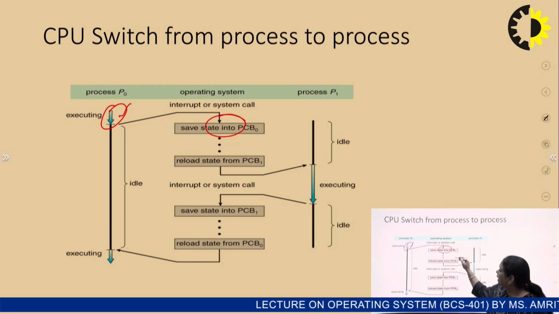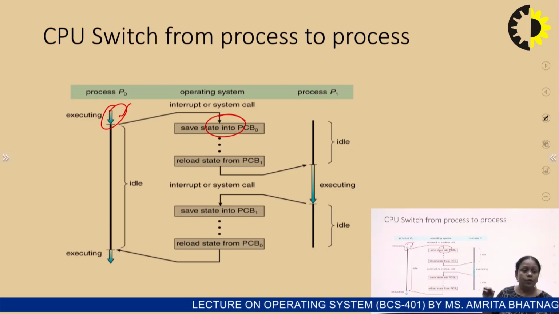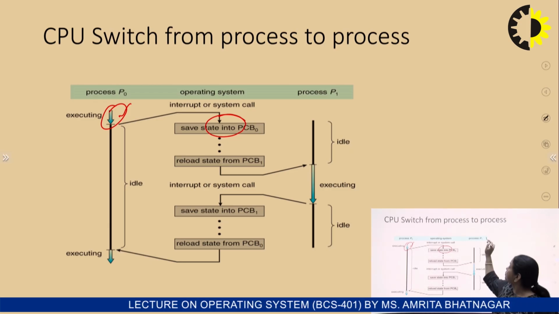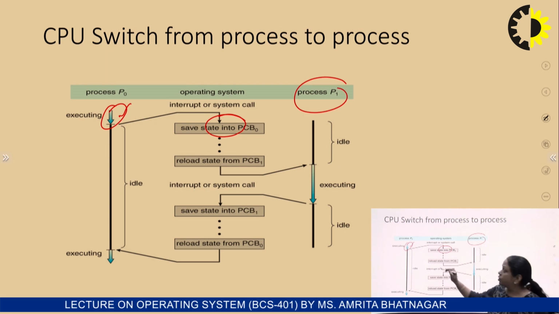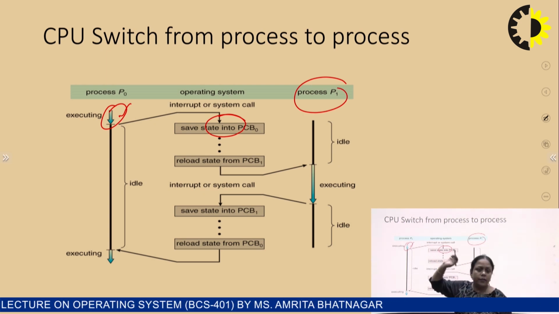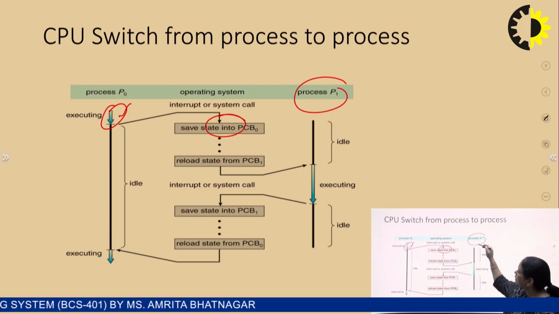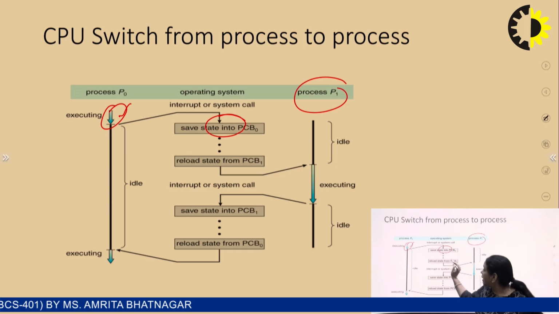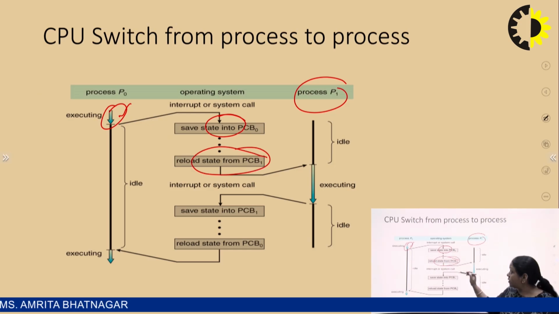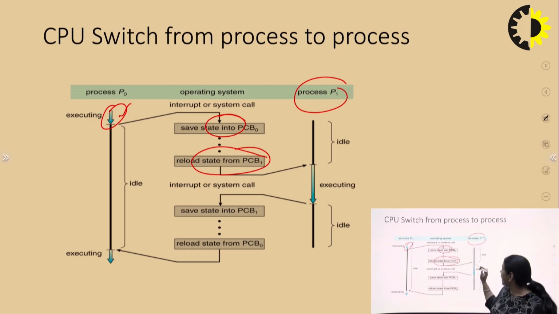Then, because we have to execute process P1 now, we reload the value or information related to PCB1, the process control block of P1, and we start the execution of P1. So this is known as context switching. You can see here the execution of P1.